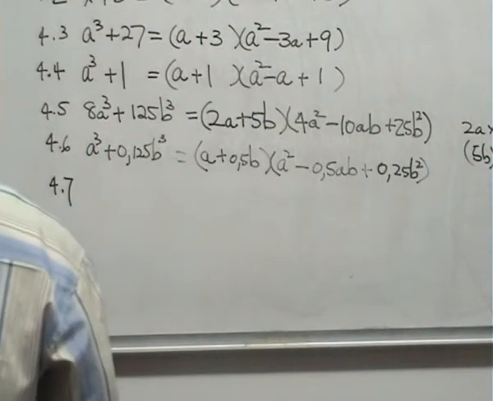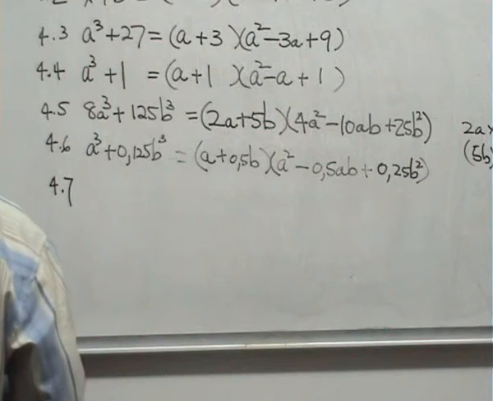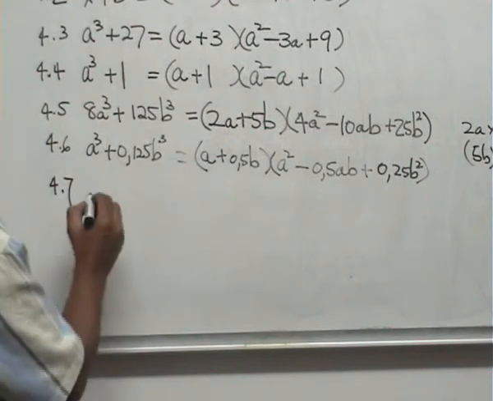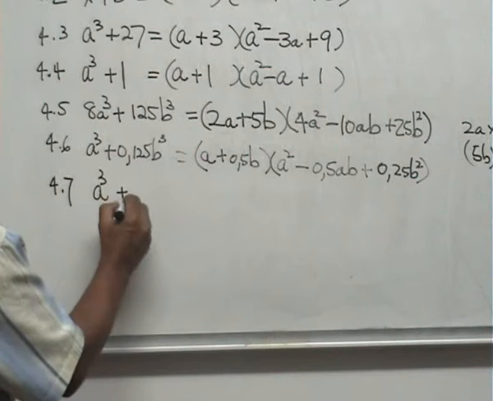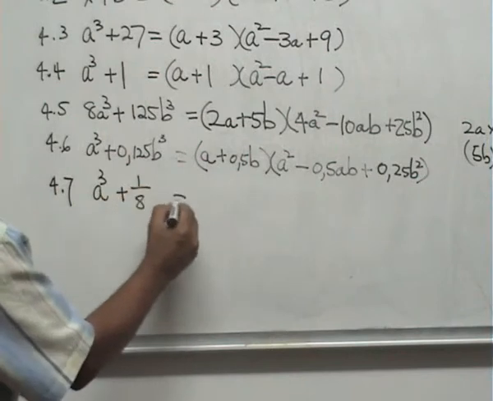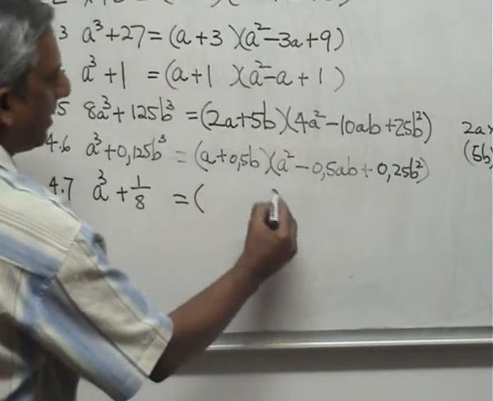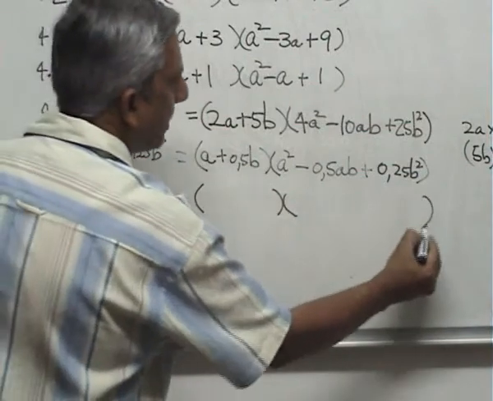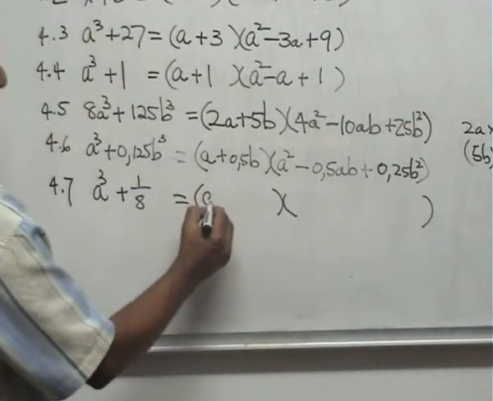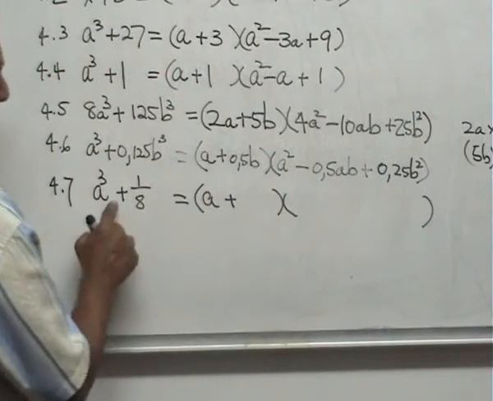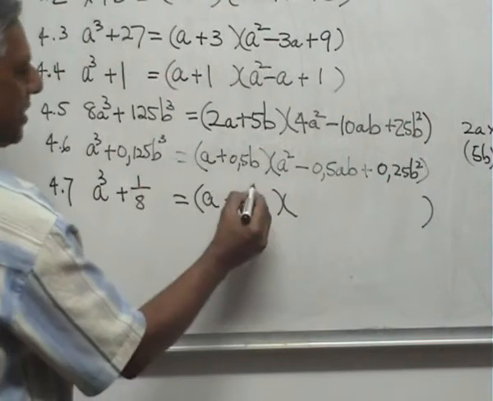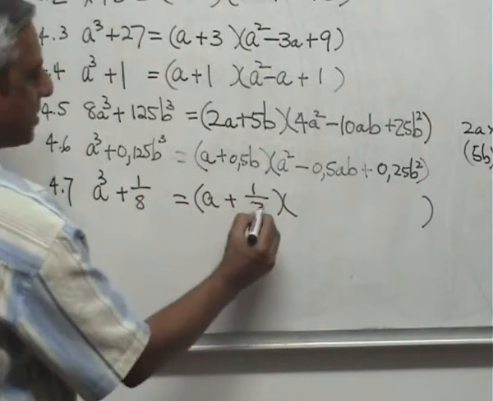4.7. a cubed plus 1 over 8. Well, one bracket here and another one there. a, this will be plus because it's plus. Cube root of 1 is 1. Cube root of 8 is 2.